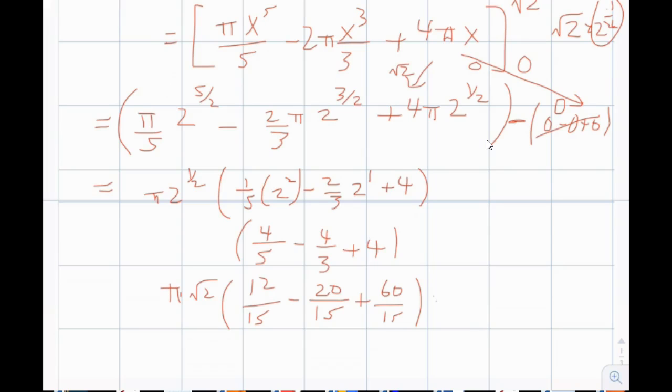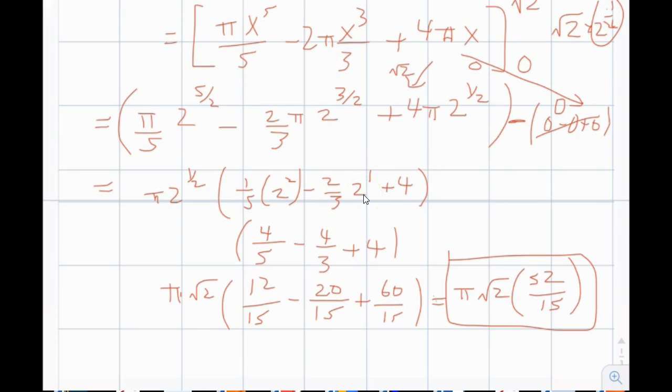So this is equal to pi square root of 2, and then we're going to have 12 minus 20, which is negative 8, plus 60, which is plus 52. Okay? So, not a nice looking answer, but I think that's right.